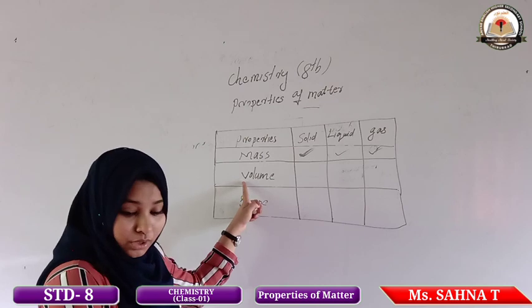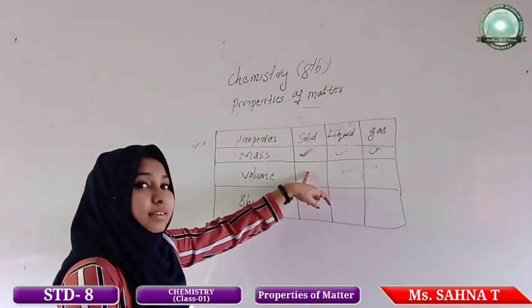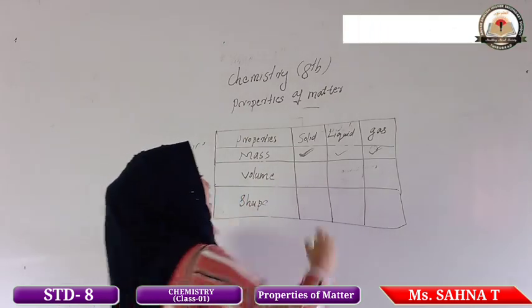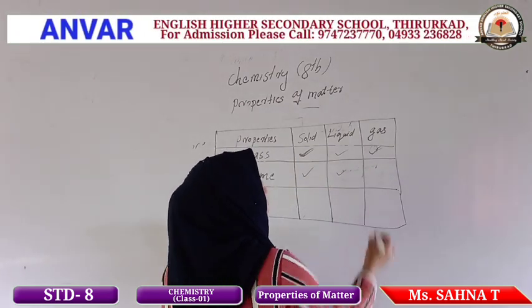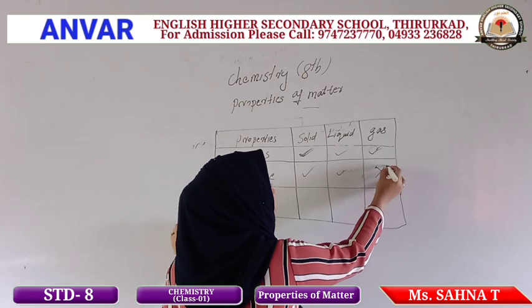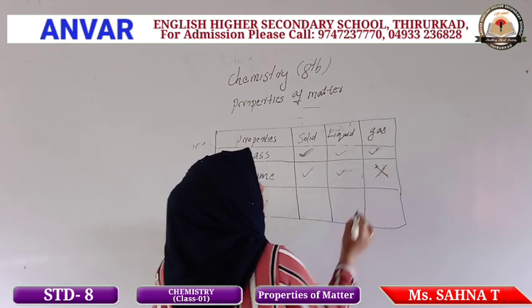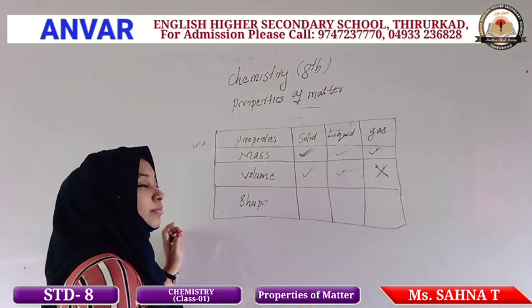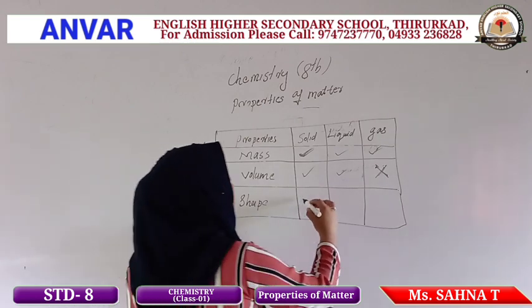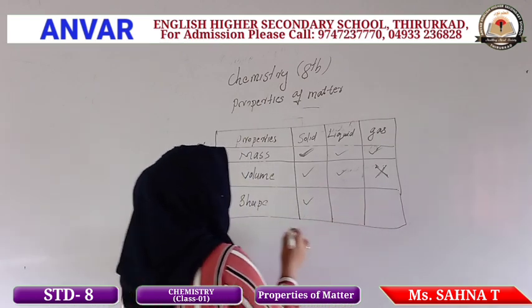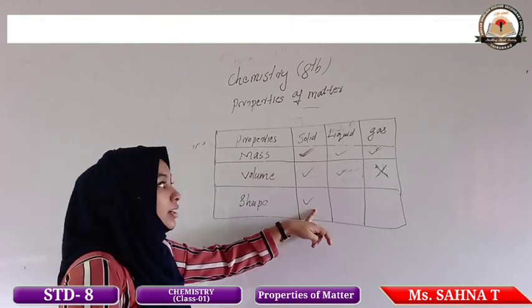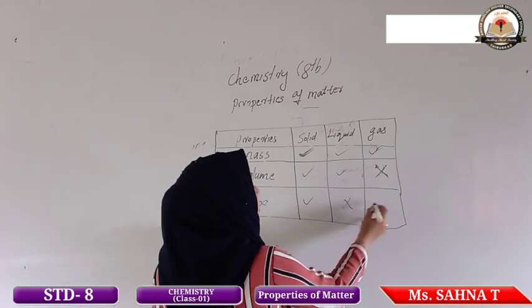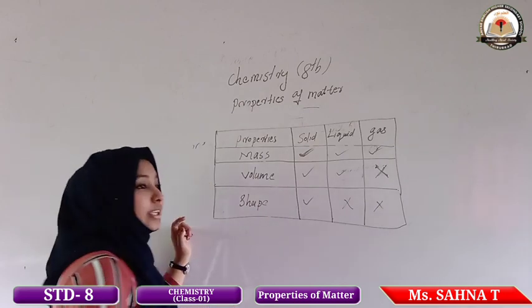Volume: solid has a volume, and liquid also has volume, but gas does not have a definite volume. And shape: solid has a definite shape, but liquid and gas do not have a definite shape.